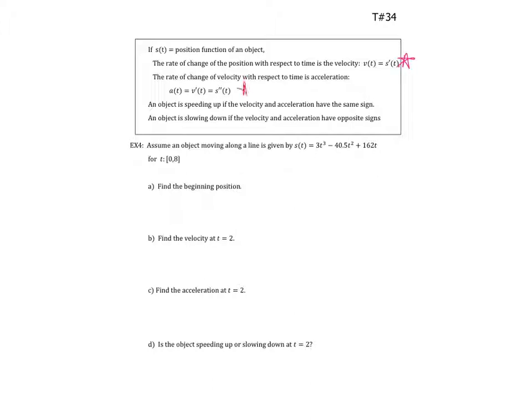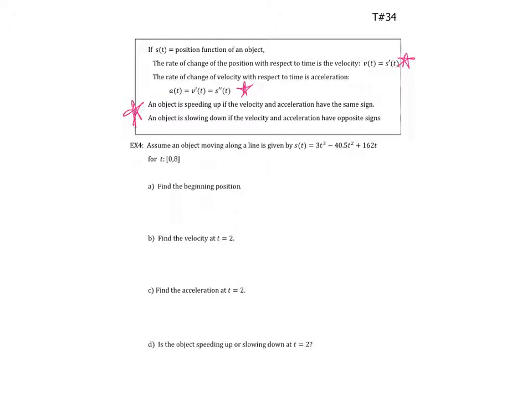But now, since we can take higher order derivatives, the acceleration, I could say it two ways, is the first derivative of velocity, or the rate of change of velocity with respect to time, or the second derivative of position.